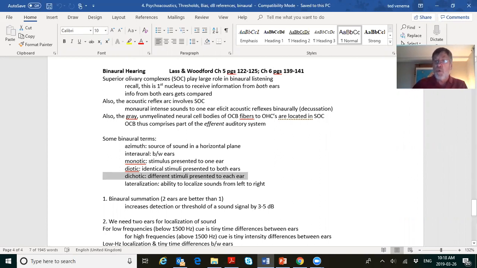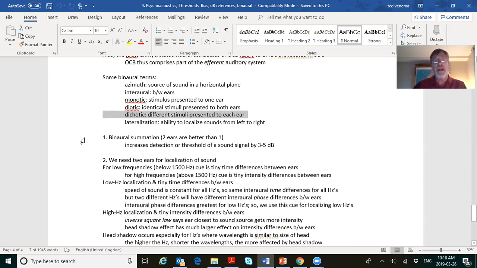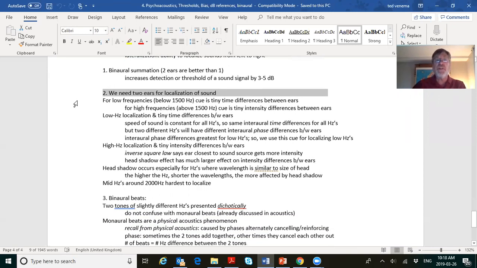All right, what are the things about two ears? First, binaural summation. Two ears are about 3 to 5 dB better than one. Number two, this is the big one: localizing the direction of sound. And there it is in writing. For low frequencies, the cue that the superior olivary complexes use is tiny time differences between the ears.